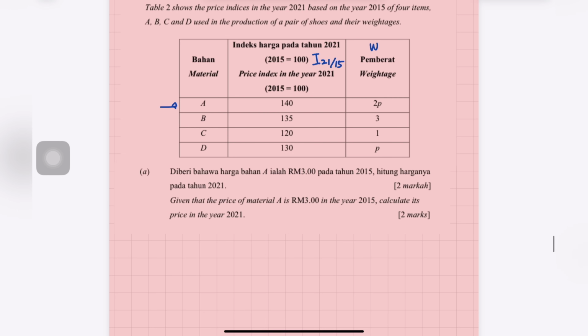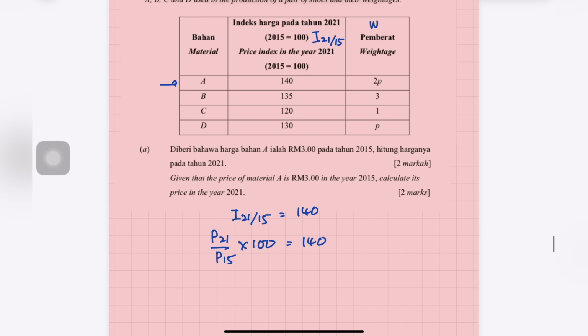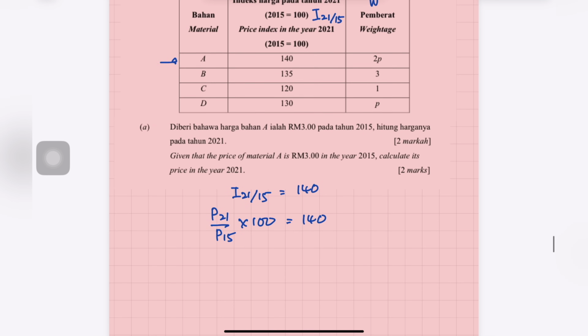So then this one I, 21 base 15 equals 140. So formula price index I is price 21 over price 15 times 100 equals 140. Okay, so price 2021 kita tak tahu, so kita carilah.